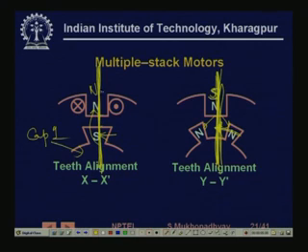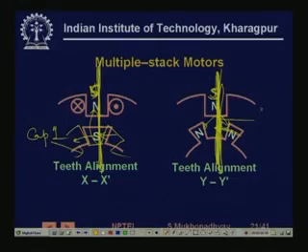When you make this S and this S, because they are in the same phase, the stator has only one winding. Then this S will rotate and get aligned with the slot, and this will assume this position. So, in effect the rotor has moved by half the slot pitch.